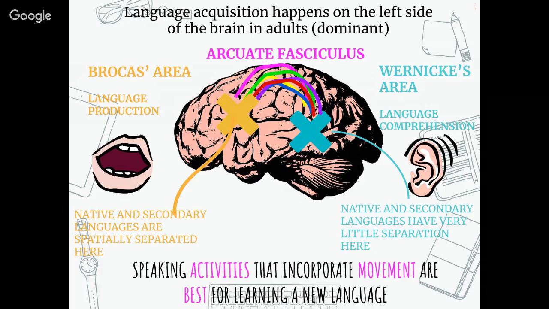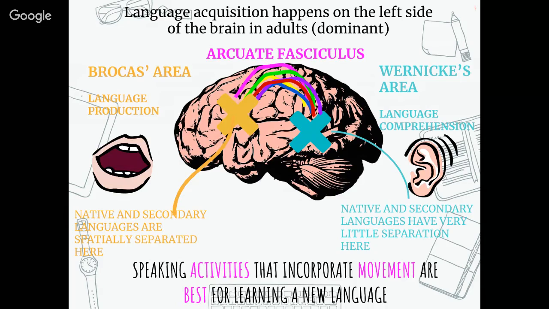Let's call L1 the native language, and the secondary language L2. This is all based on research and MRIs, so scientists have been studying how people learn languages by taking pictures of the brain.